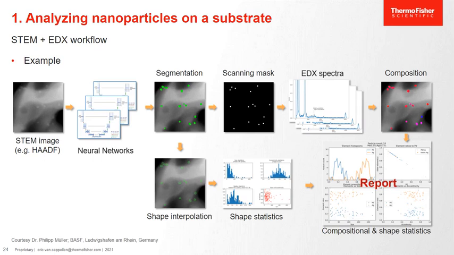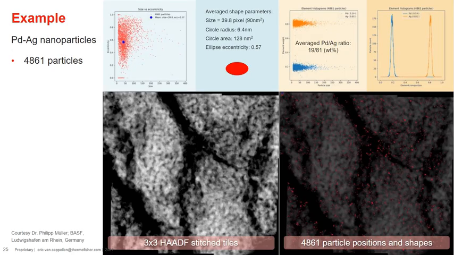So what does BASF gain from this? Well, here is an example. 3x3 HAADF stitched tiles. And in those 9 HAADF stitched tiles, they've discovered 4,861 particles. They did shape analysis of these particles. They did compositional analysis of these particles.